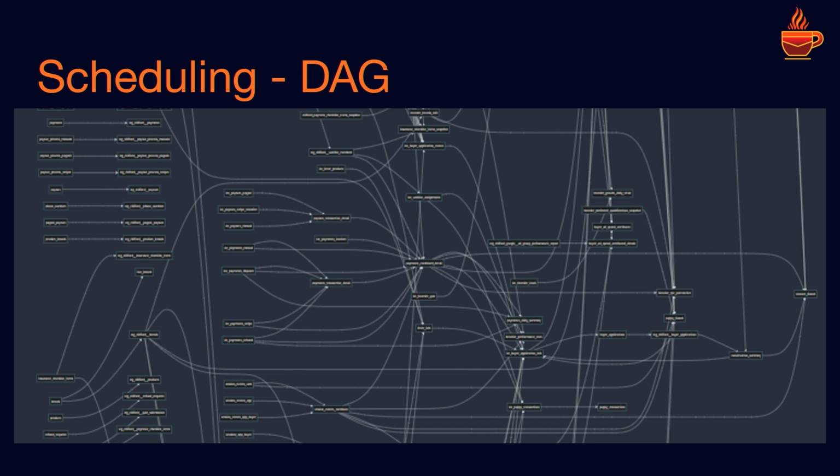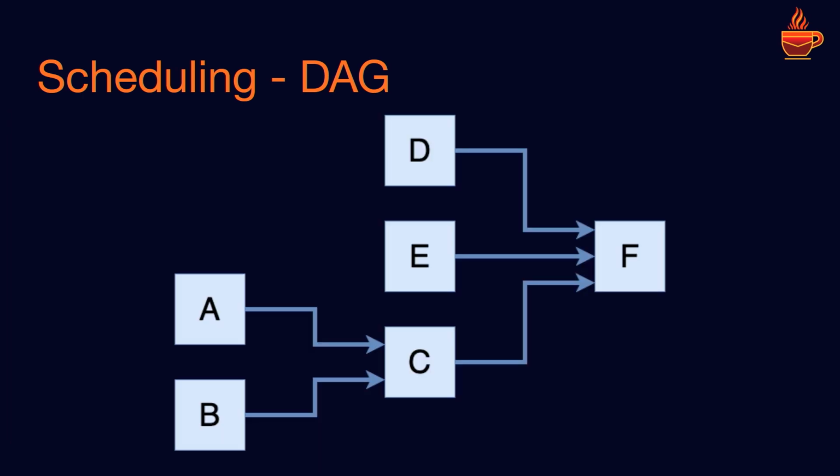This is an example of a typical DAG from a DBT job. And I'm going to be spending the rest of the talk going through this node by node and explaining whatever. Here's a bit of a simpler example that we can work through. It's got 6 queries.